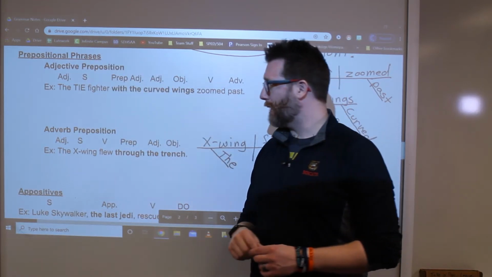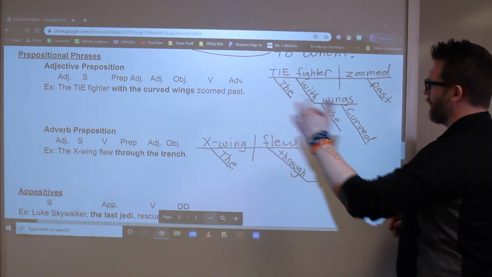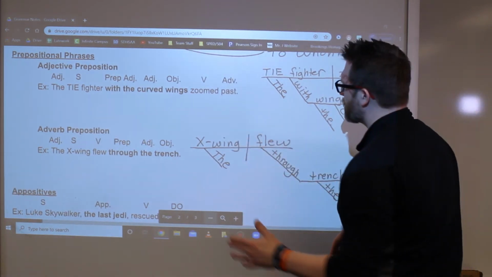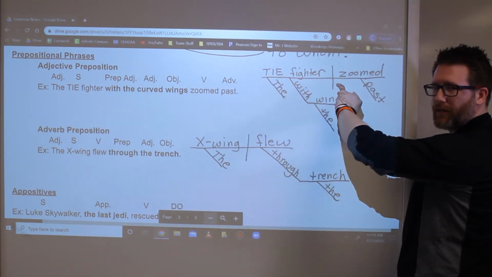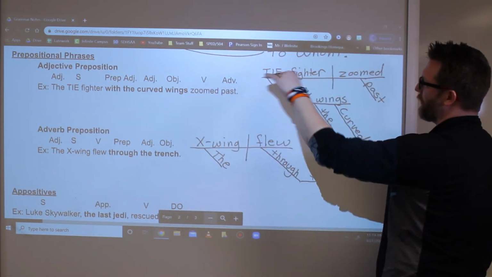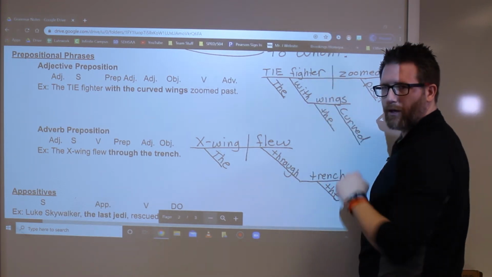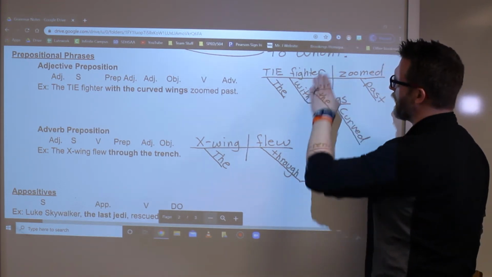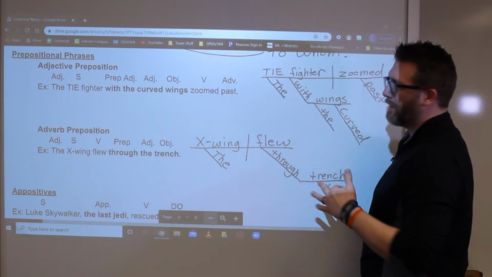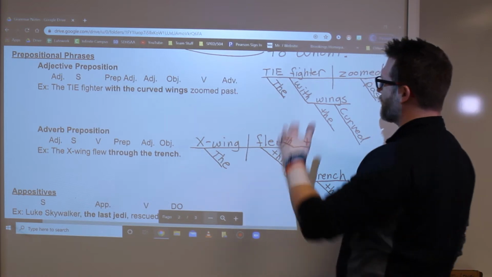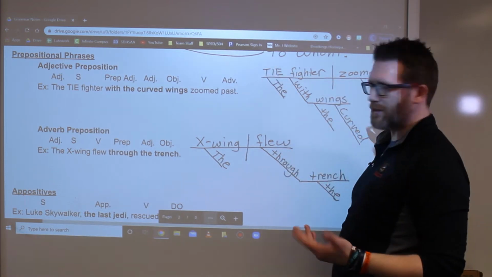When you diagram it, you first have to start with the subject, of course. TIE fighter is the subject. You put that on the first horizontal space, a big long vertical line to separate the subject from the verb, and then the verb is zoomed. You always do that first, right? TIE fighter zoomed, that's your basic sentence.